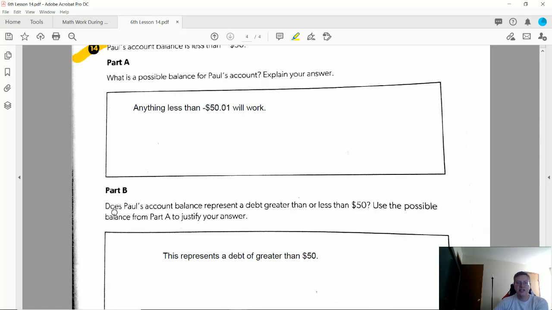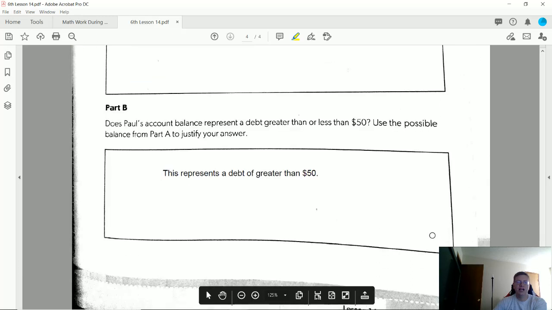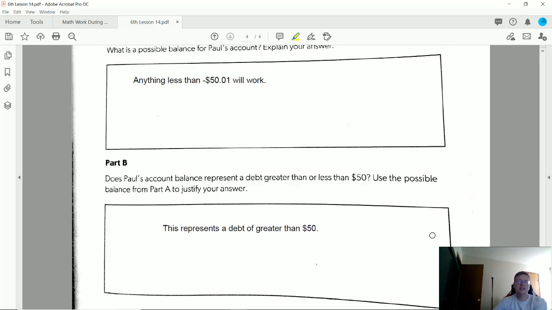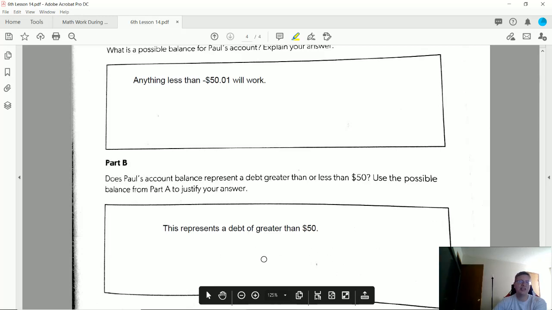Part B, does Paul's account balance represent a debt? It does represent a debt of greater than $50, not less than. And again, if I said that we had negative $75, that is going to be $75 of debt compared to just $50 of debt. So that should help explain that particular part.